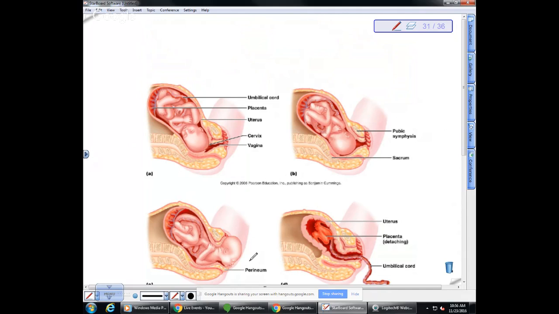But they come out. One other big problem is that sometimes you get tearing of the muscle that surrounds the vagina, which here they show is the perineum, right? And so sometimes they have to do an episiotomy. I don't know if they're popular now.